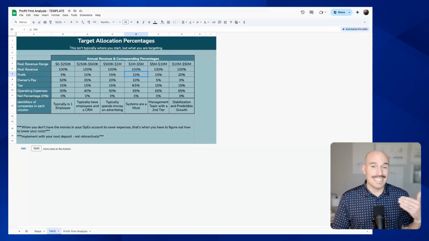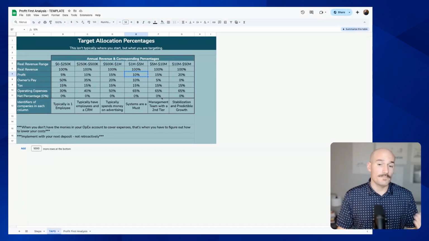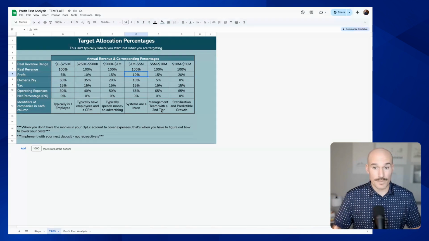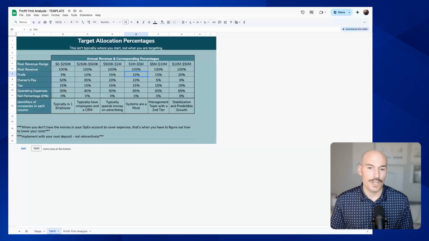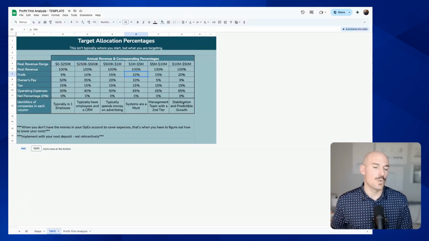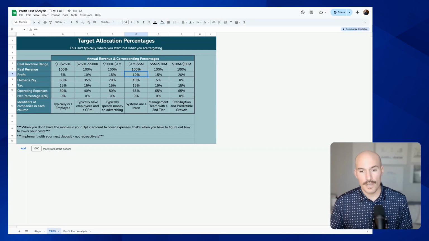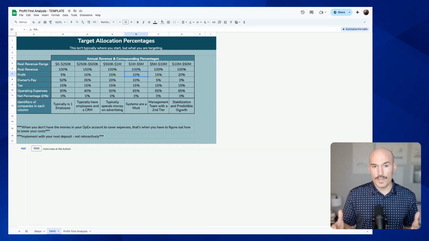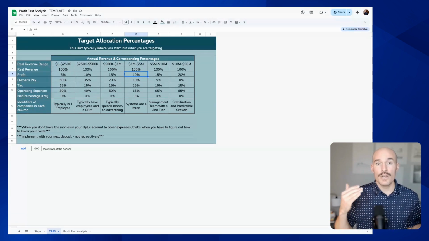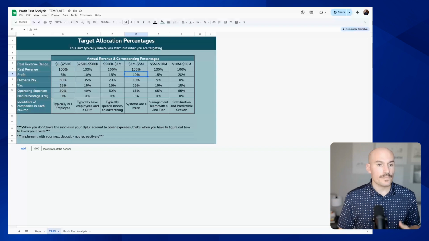If you have a second tier of management, like it's you as the owner and then you have a management team below you, you're likely in this stage. And then, above that, you are pretty stable and you have predictable growth year to year. Not just predictable revenue, but predictable growth. Hey, I know we're going to grow about 15% this year. Then you're likely in this stage. So those are the other identifiers that you can use if you're not sure on your real revenue right now.